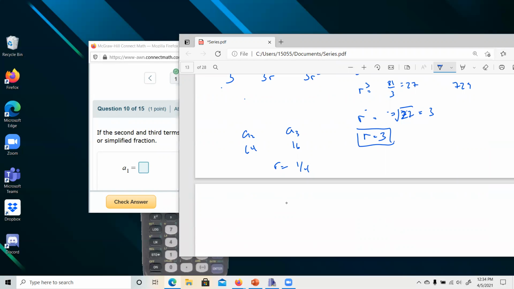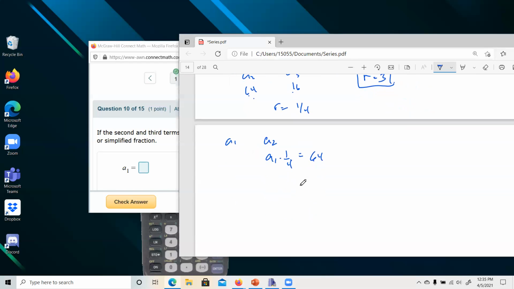So this was A1 times 1/4, and that is equal to 64, because that's what we have here. A1 times a quarter is equal to 64, because that's how you get from 64 to 16. We divide this by 4. 64 divided by 4 should be 16.